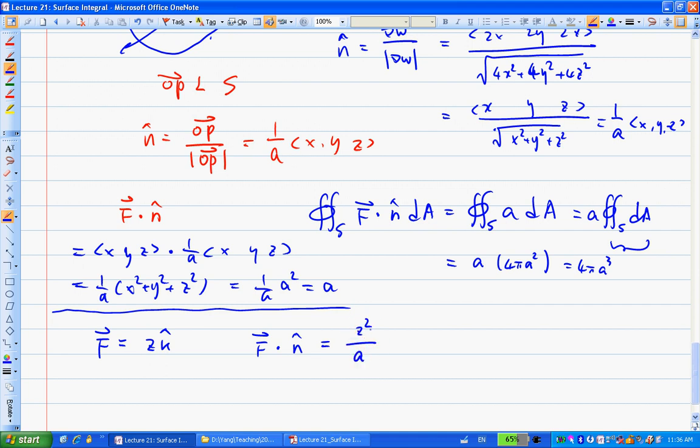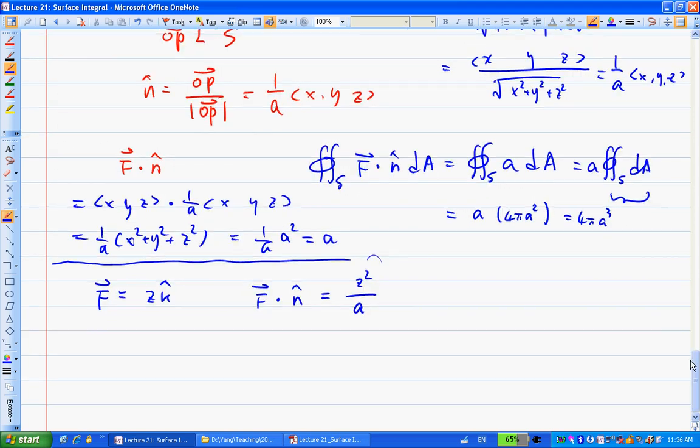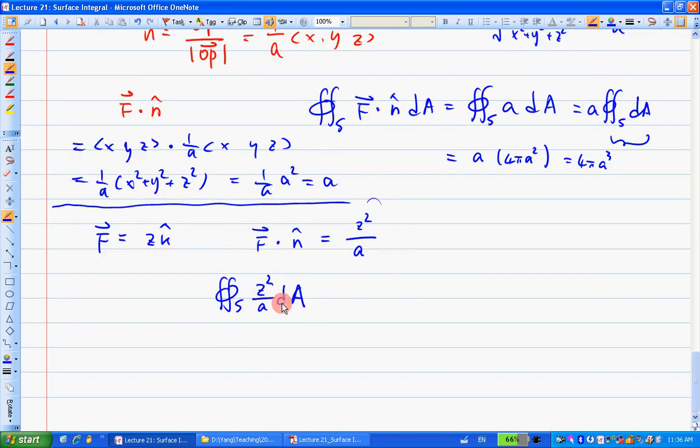If I plug this into my surface integral, I would get z squared over a dA. Now you can't do any simplification, there's no trick or shortcut. So how do I evaluate this kind of case? This is the general thing we're talking about here.